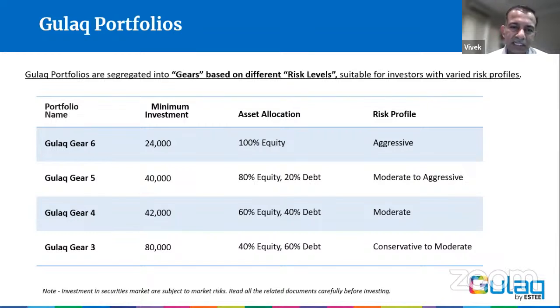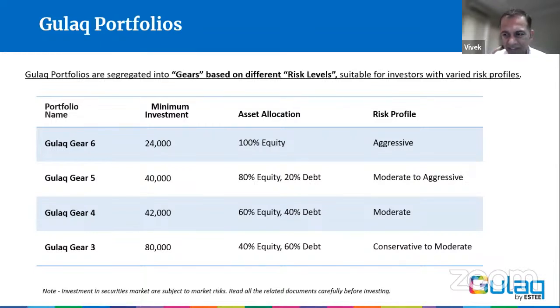Gear 5 has 80% equity and 20% debt, so it is slightly less aggressive than Gear 6. Then we have Gear 4, which is 60% equity, 40% debt. Ideally, if you do not know how to get started or which portfolio to choose, I think Gear 4 is a pretty solid choice. And then Gear 3, which is even more conservative, has 40% equity and 60% debt.